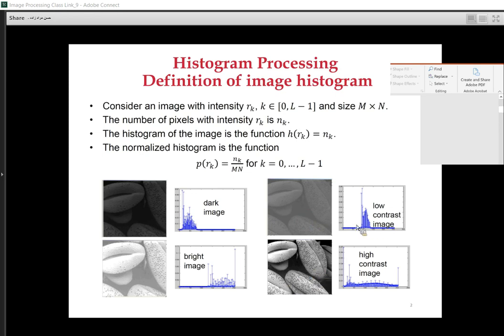You see in the histogram that all the gray level intensities are located in a small range of intensities, for example, from 100 to 120. But in a high contrast image, you see that the gray levels are expanded, not compacted.